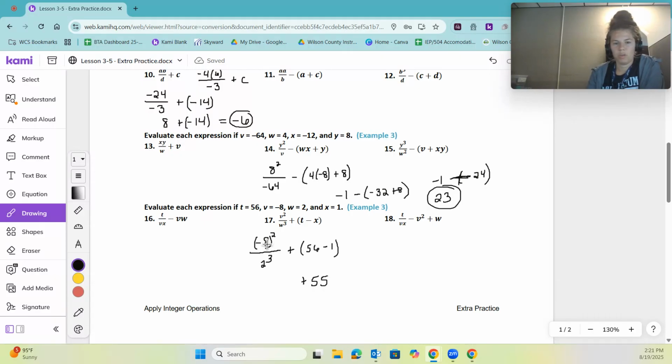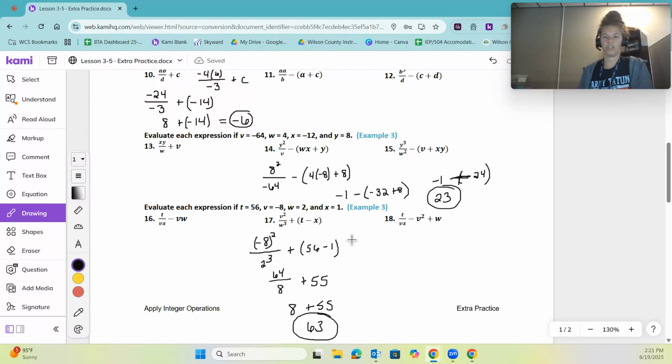Okay, and then we can do our exponents. -8 squared, negative times a negative is going to be a positive, so we get 64 over, and then 2 to the third power is 8. 64 divided by 8 is 8 plus 55, and we get 63 as our solution there. And you can try those other ones on your own.